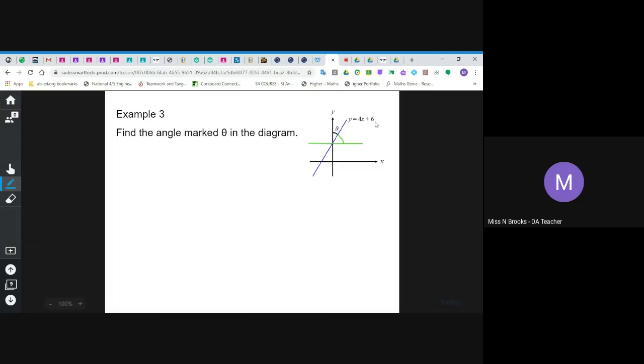We don't have to rearrange our equation because it's already in the right format. So we know that m equals 4. So we can work out our angle by doing arctan of 4.